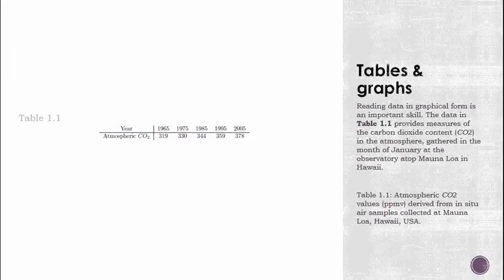So, very last, right? Don't need to do anything after this. Reading data in graphical form is an important skill. The data in table 1.1, as you can see to the left, provides measures of carbon dioxide content in the atmosphere, gathered in the month of January at the observatory atop Mauna Loa in Hawaii.